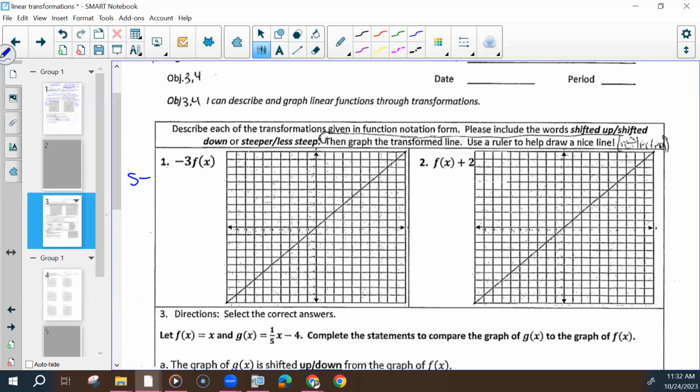That happened. Got steeper. But what did the negative do? Reflected. So those are two separate things. The slope reflected and is steeper, 3 times as steep.